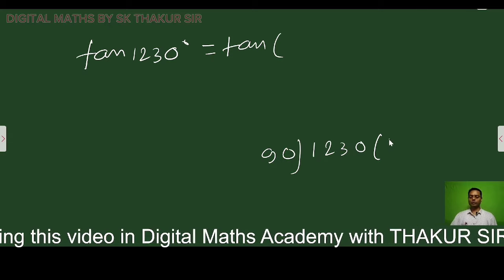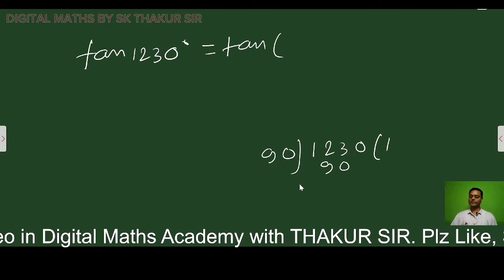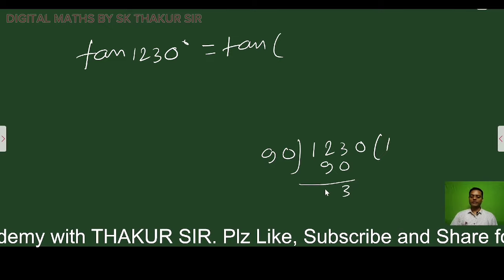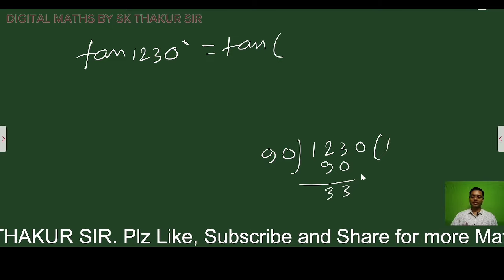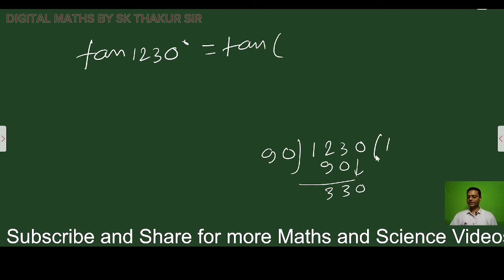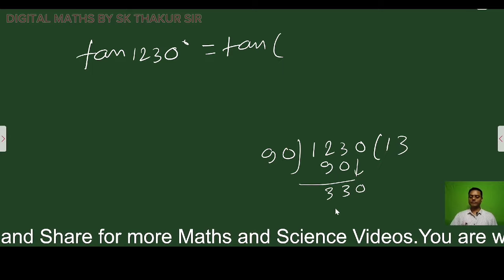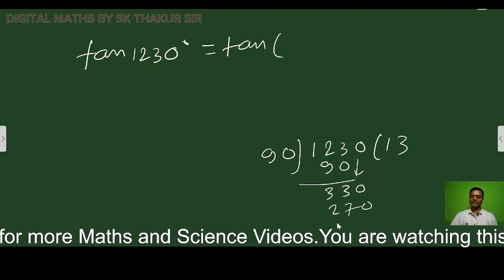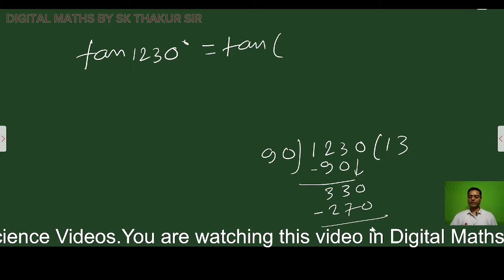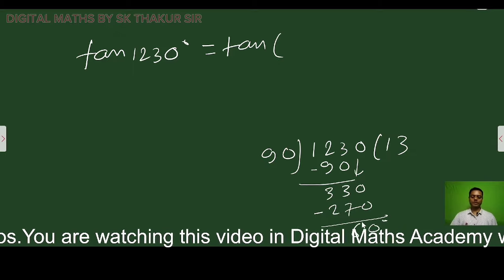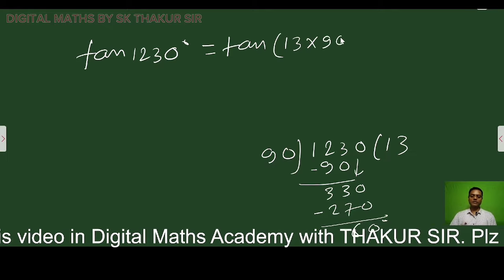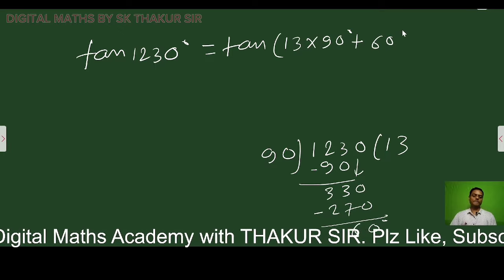So first of all, it will go by 1, there is a 90, then there's a 3, and 3 comes down. After that there is 3, there's a 270, and we are going to subtract, and then you can get here 60, right? So we can write here 13 into 90 plus 60, right?